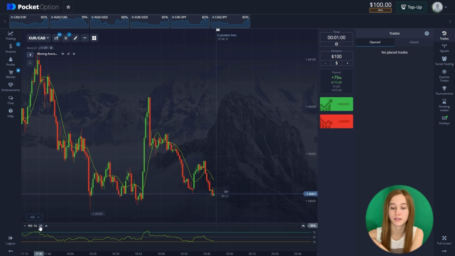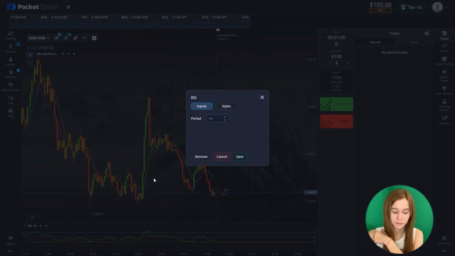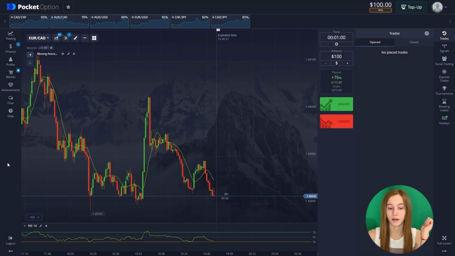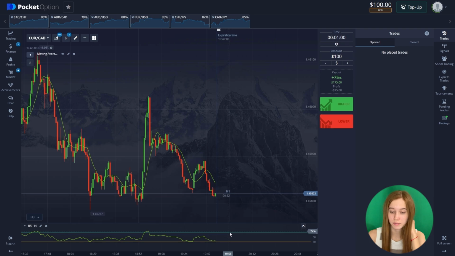RSI, the settings, at the bottom of our screen we see it. This is a tool that measures the ratio of upward and downward movements and standardizes the calculation in such a way that the index is expressed from 30 to 70, with an upper zone and a lower zone.